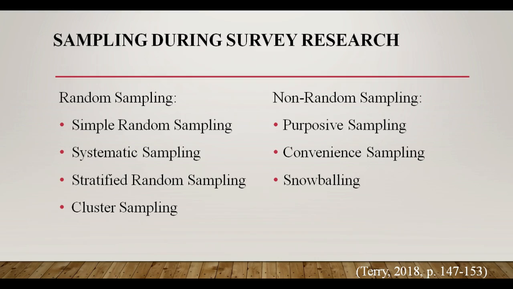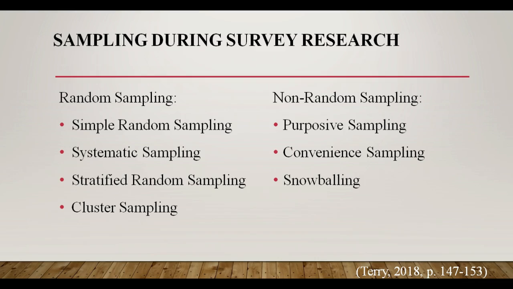Terry Chapter 11 also talks about non-random sampling. Non-random sampling targets subjects within specific groups and is more informal. Purposive sampling is when a specific population is selected. For example, it could be a sample derived of pregnant females carrying twins.